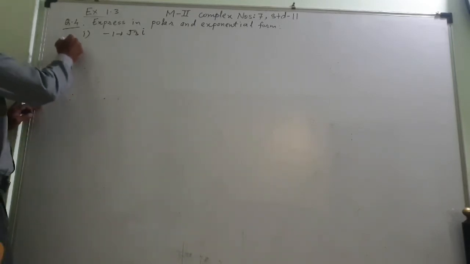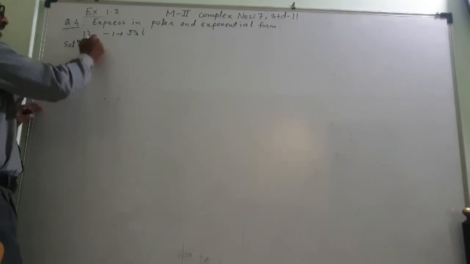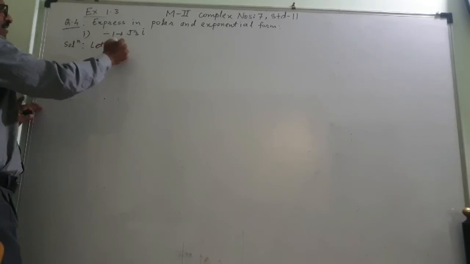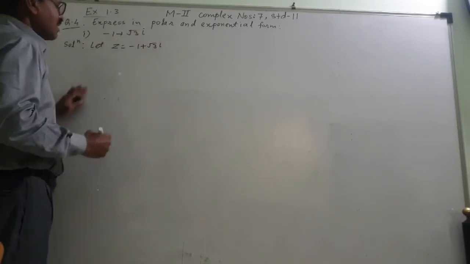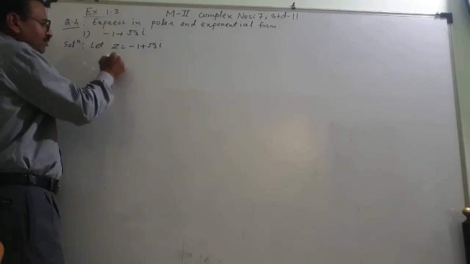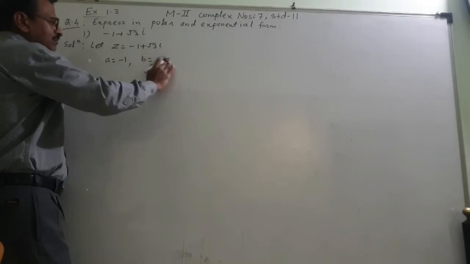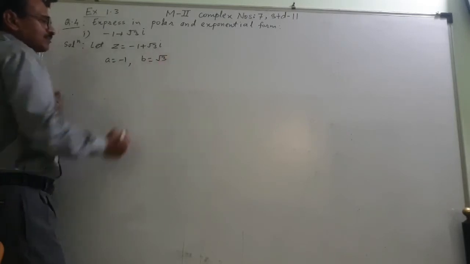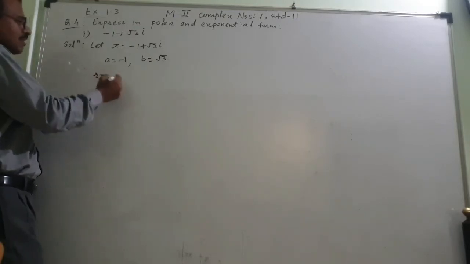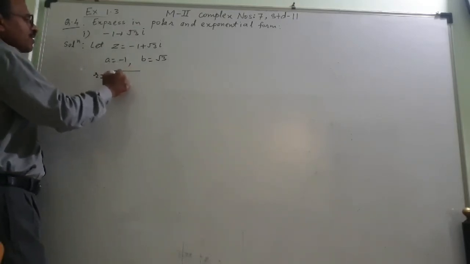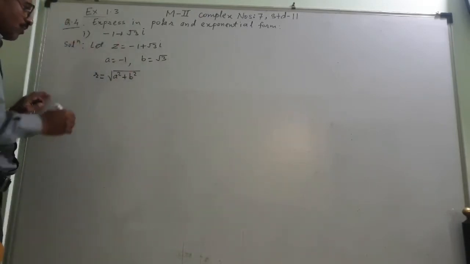Okay. Solution. Here I will write let z equal to minus 1 plus root 3i. Here a equal to minus 1, b equal to root 3. This we have seen. And r equal to under root of a square plus b square. You can write x square and y square also.